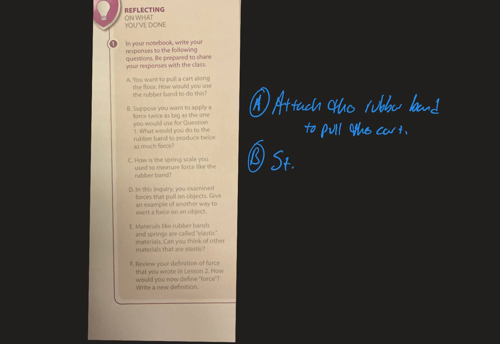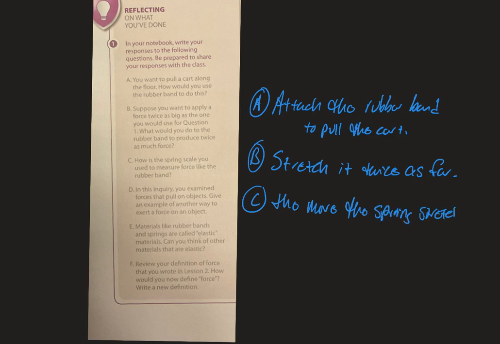Well, you'd have to stretch it twice as far. All right. C, how is the spring scale you used to measure force like the rubber band? Well, the more the spring stretches, the greater the force it measures.